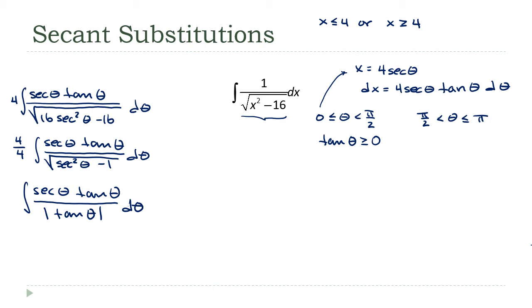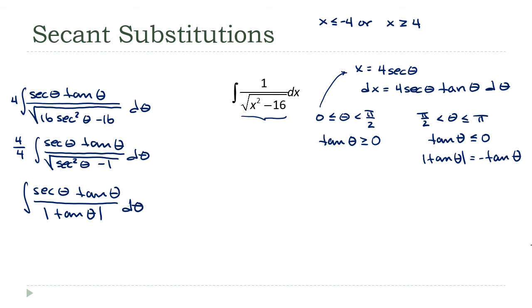So we actually start at negative infinity and go up to negative 4. This should have been a negative 4; hopefully I said that right. Less than or equal to negative 4. And the problem is that on this side, the tangent of theta is less than or equal to 0, which means for these values, the absolute value of tangent theta equals negative tangent theta.